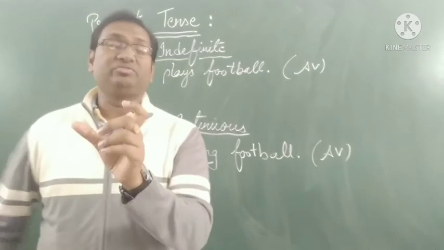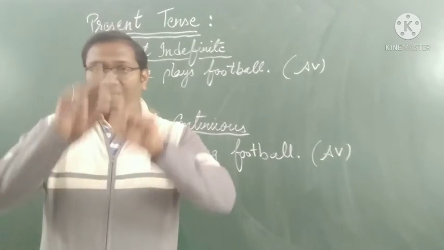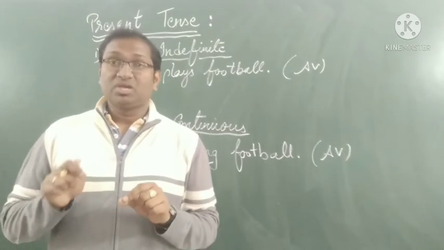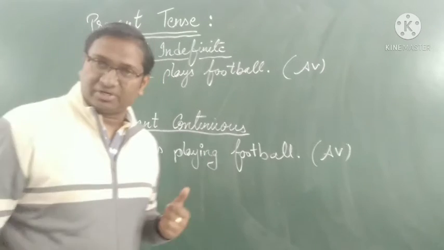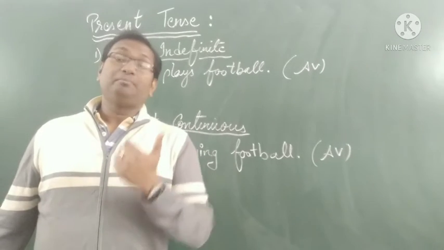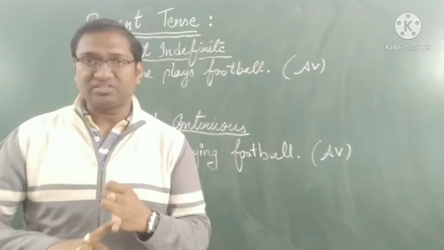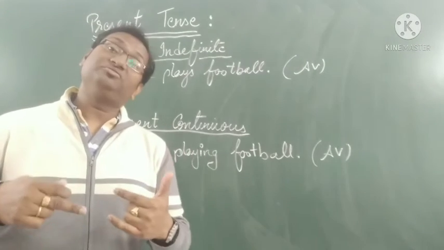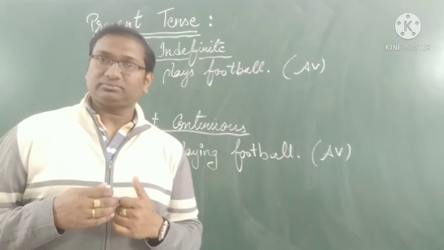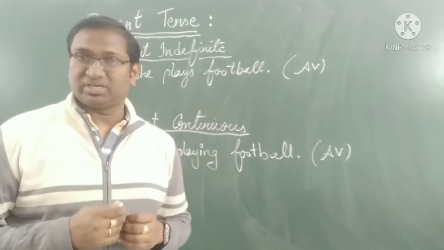As I told you, we are going to use the helping verbs also along with the main verbs, as in the chart I showed you. So according to the chart and the formula, we have to convert. What's the formula of passive voice? Object as passive subject plus third form of the verb plus by plus subject.